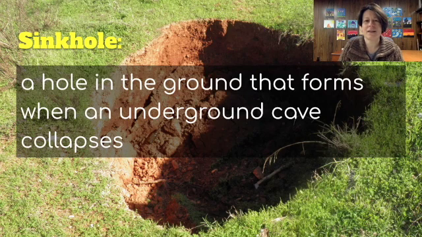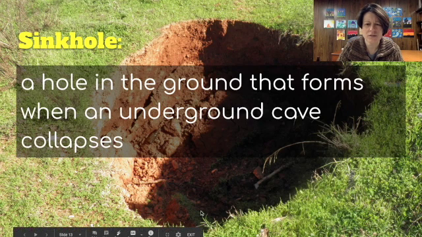Another feature that can be caused by groundwater are sinkholes. This is a hole in the ground that forms when an underground cave collapses. So groundwater can form these caves, especially in limestone, where it will dissolve the minerals. And you can tell that this is collapsed. Somebody didn't just dig this because look at this soil down here.